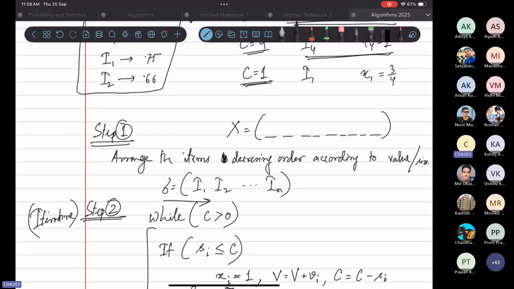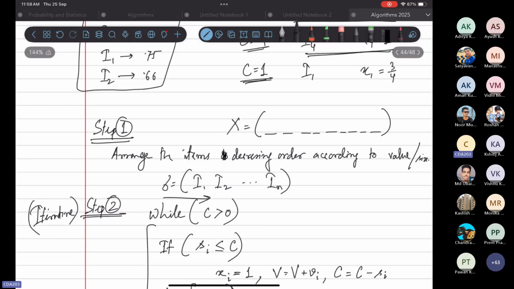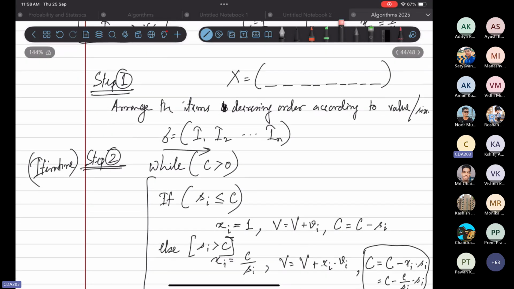Suppose these items are in this order, x1, x2. So the first position, I have the item whose value per unit size is maximum. Second item, value per unit size is next maximum, like this. So can you tell me how does this look like?